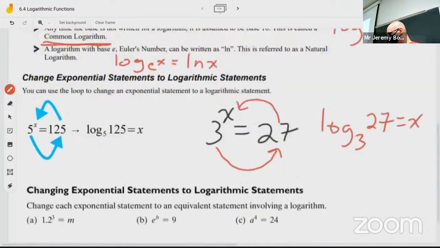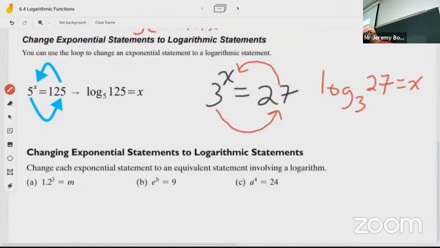Okay, we got a few to try, I believe. I'll do the first one, and I'll let y'all try the other one. So if you have 1.2 raised to the 3rd power is equal to m, it means it's going to be log base 1.2 of m is equal to 3.